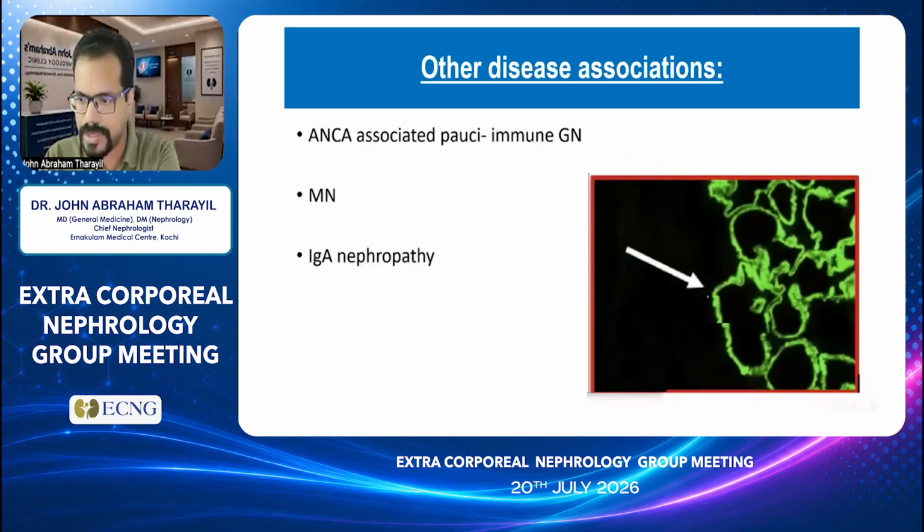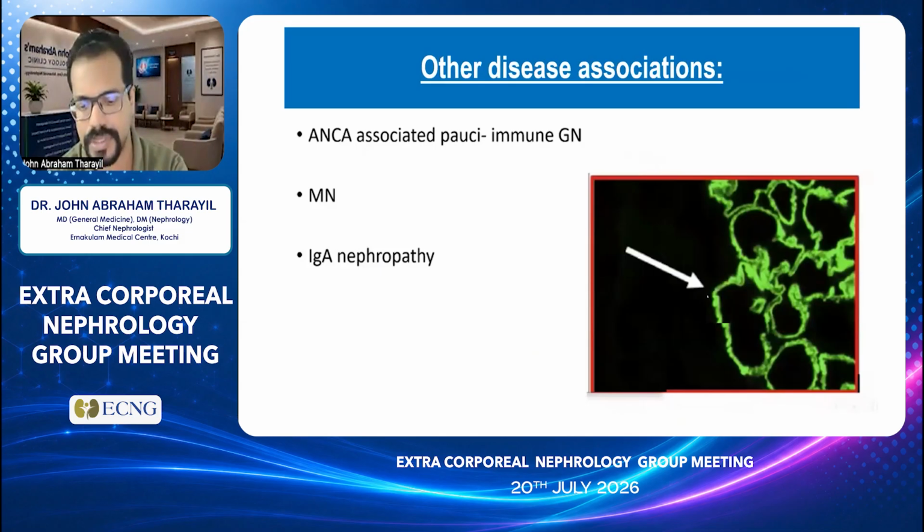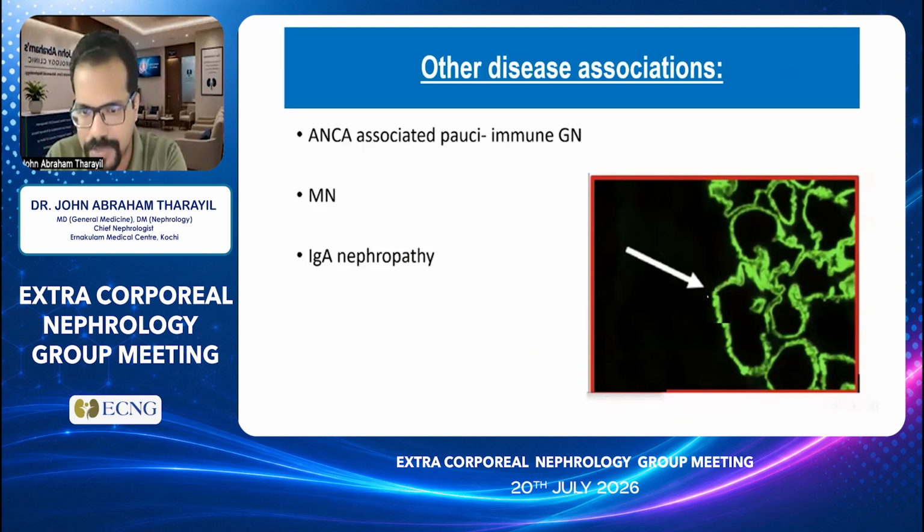Other disease associations with IgG staining are ANCA-associated post-immune glomerulonephritis, membranous nephropathy, and IgA nephropathy. In monoclonal immunoglobulin deposition disease, there is staining of the entire glomerular basement membrane, tubular basement membrane, and Bowman's capsule. Whereas in diabetic kidney disease, you have IgG linear staining, but it is usually a duller staining.